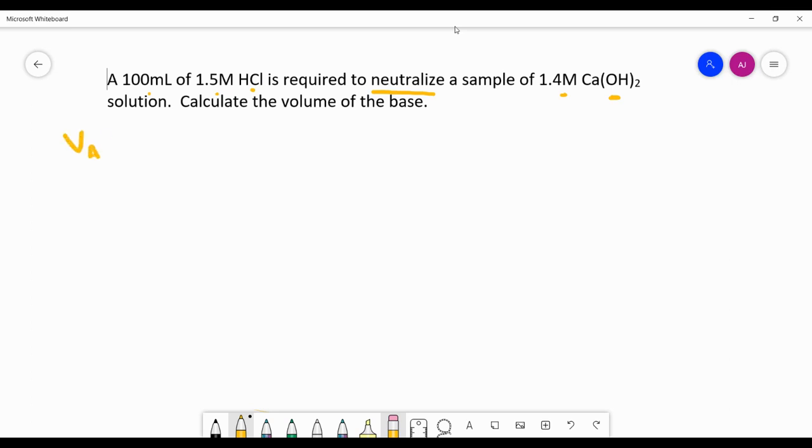The volume of the acid given is 100 milliliters. The concentration of the acid is 1.5 moles per liter. And in this acid, HCl, which is monoprotic, there is one hydrogen ion per molecule of the acid.